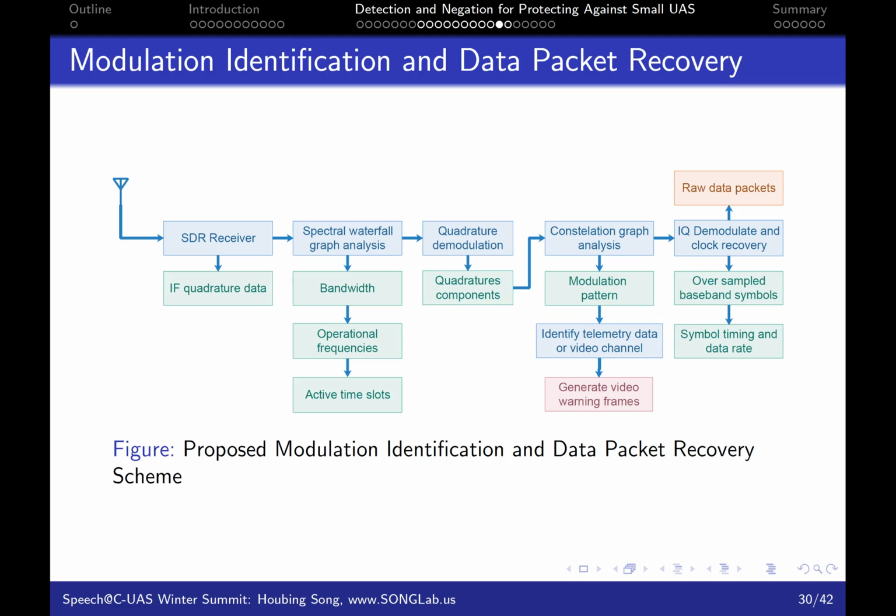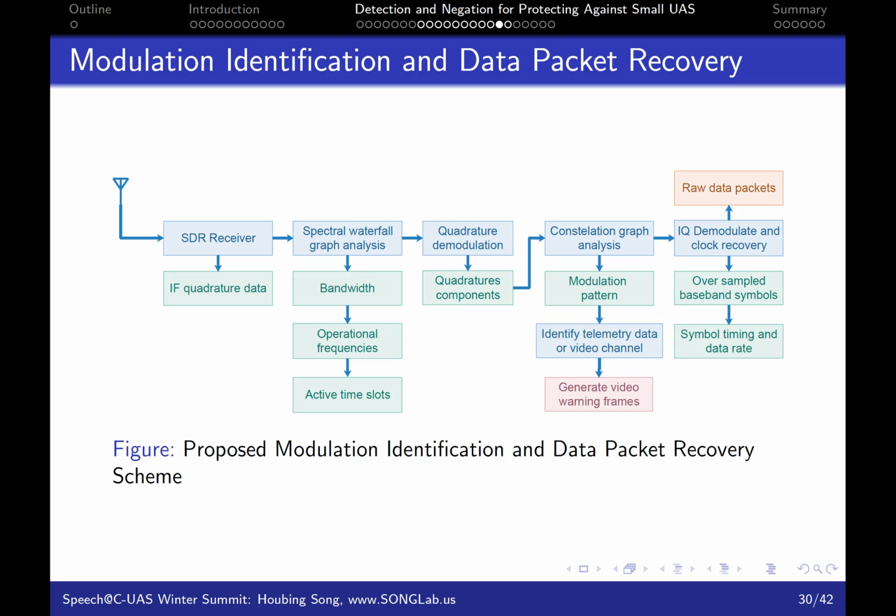Then we do the spectral waterfall graph analysis. Then we can get the bandwidth, operational frequencies, and the active time slots. Then, with quadrature demodulation, we can get the quadrature components. After that, with constellation graph analysis, we can get the modulation pattern, identify telemetry data or video channel, and generate video warning frames.